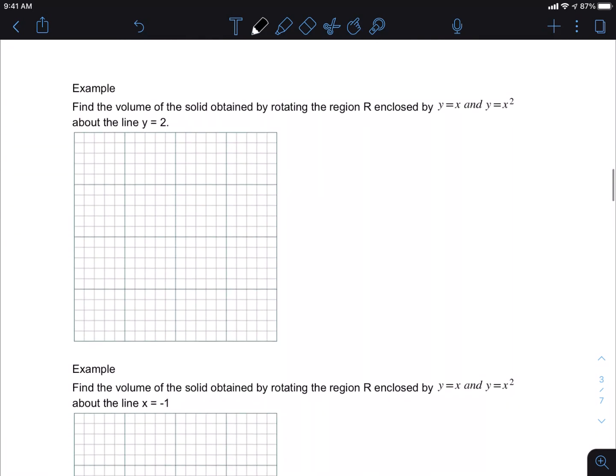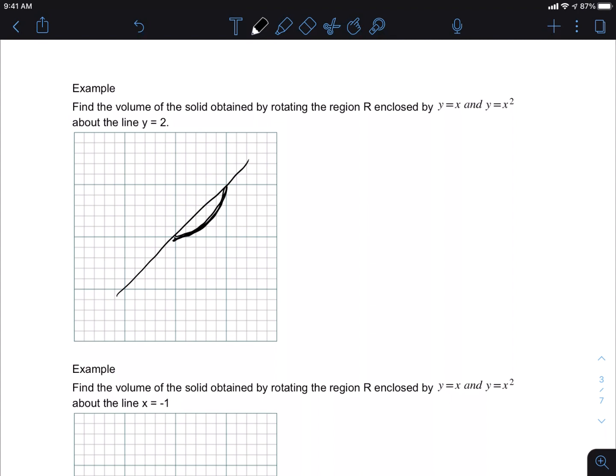All right, let's do another problem. Now I'm going to throw another spin into it for you guys. For this problem, it's going to look like the same picture, right? Here is y equals x. Here is my y equals x squared piece.